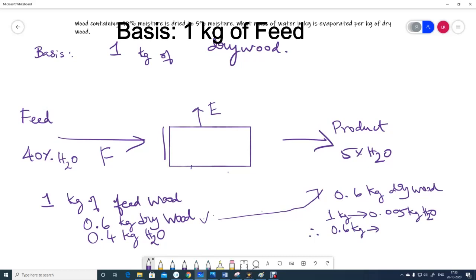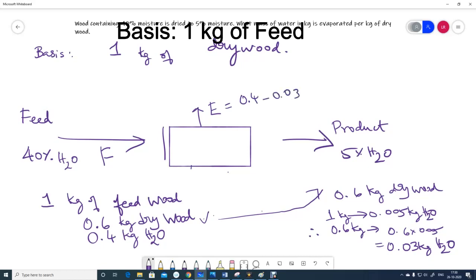Now 5% means 0.05, so 1 kg of product contains 0.05 kg of water. Therefore, how much water will be associated with 0.6 kg of dry wood? The amount of moisture associated with 0.6 kg of dry wood will be 0.03 kg of water.